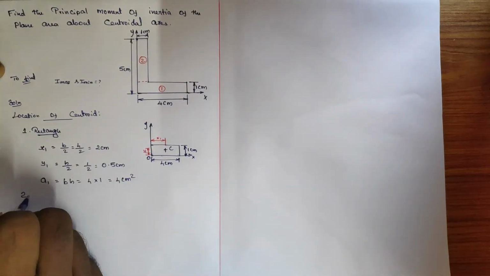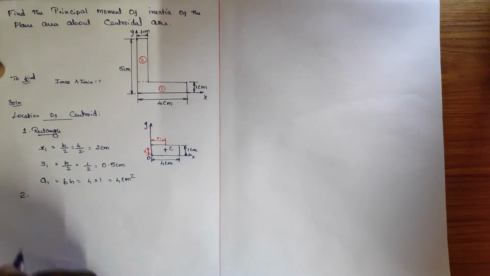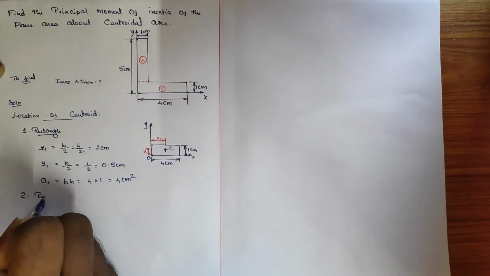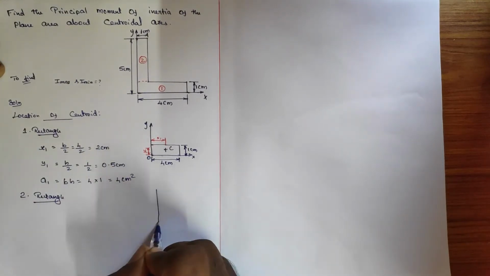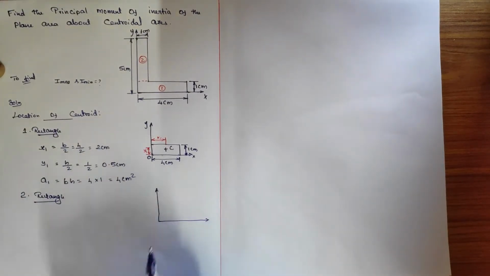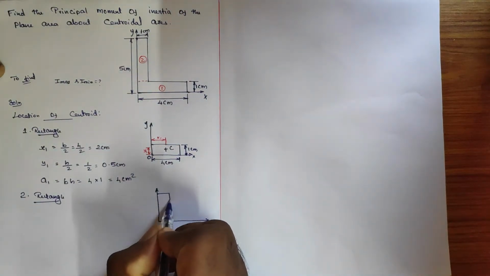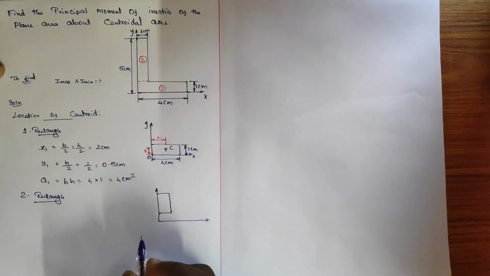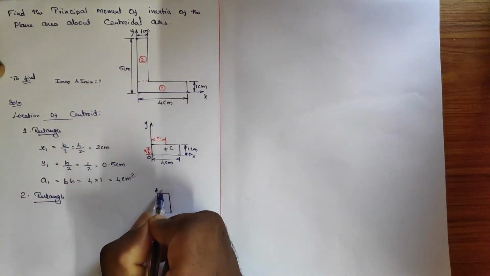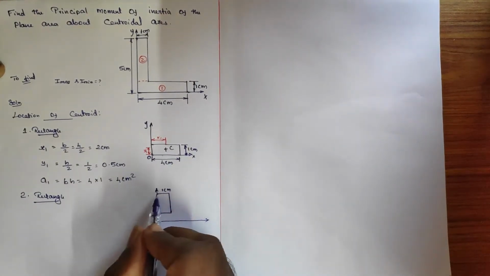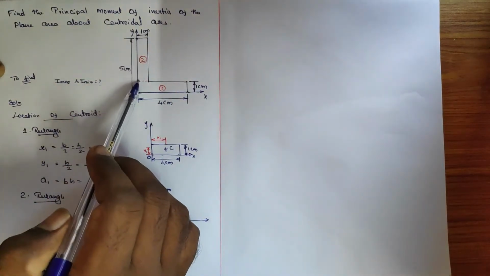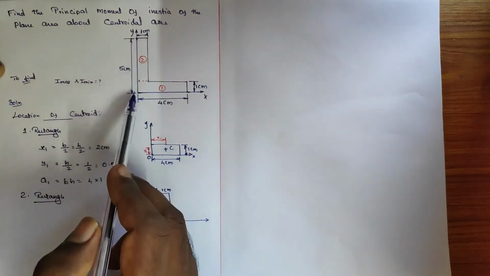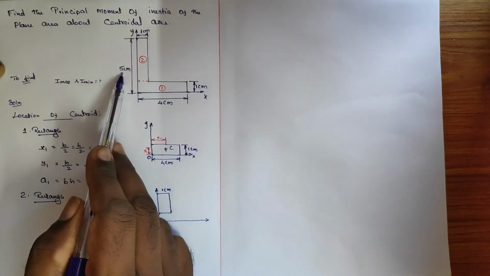Move to the second component in order to specify the centroid. The second component as well is a rectangle. I am going to place the second component in the same XY coordinate place. Okay, this is the second component. Its width is 1 centimeter, and what about the length? Length, I can say up to this is 4 centimeter, because the entire length here is mentioned as 5 centimeter.